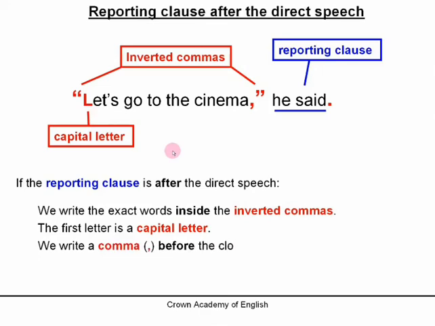But this is different. This time we write a comma before the closing inverted commas. Here. So this is a comma. This is not a full stop. That is important. Although it is the end of the speech, we write a comma.